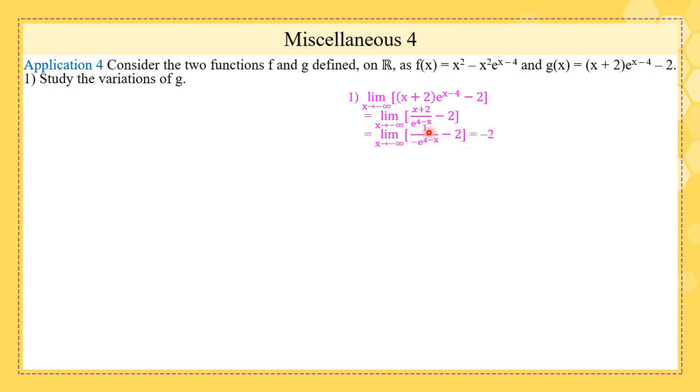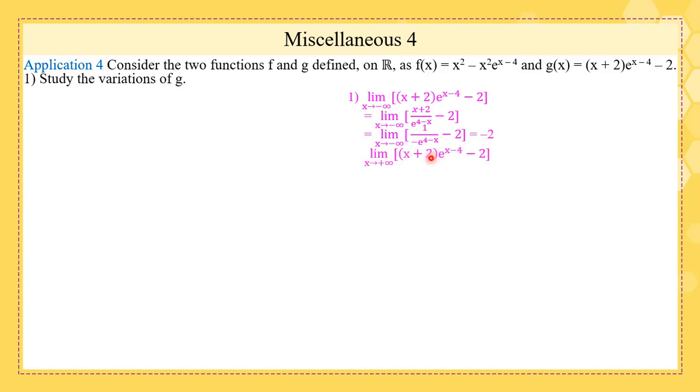We use L'Hopital's rule. We derive the numerator as 1 and the denominator as minus e^(4-x), and we leave this negative 2 alone here. By substitution, this would be 1 over infinity, which is 0. This fraction tends to 0, so the final answer is negative 2.